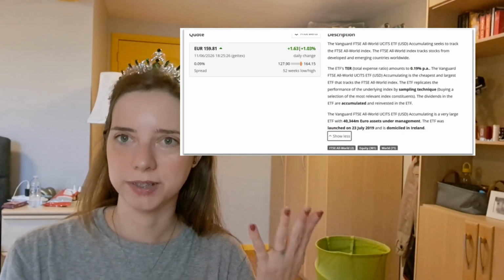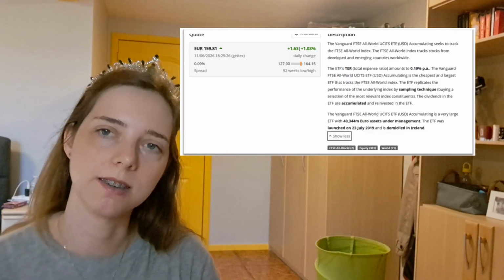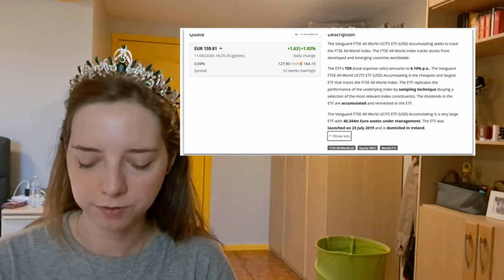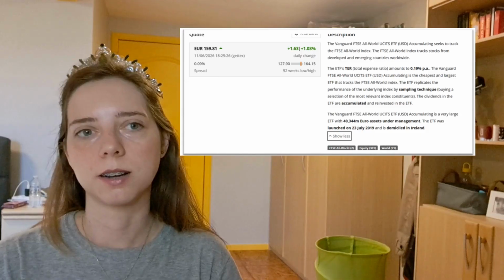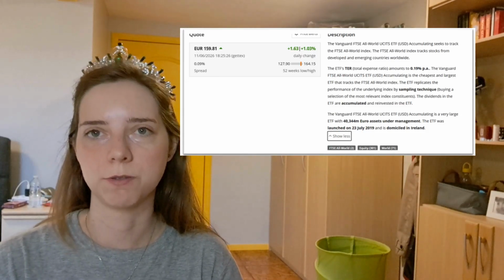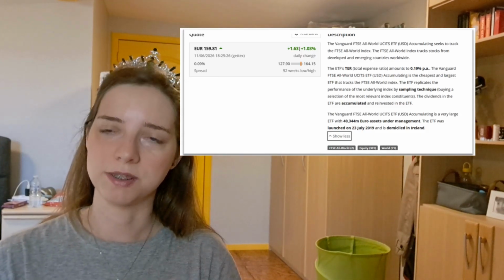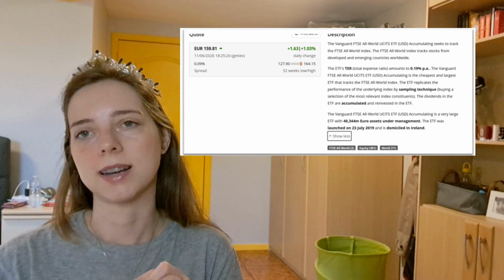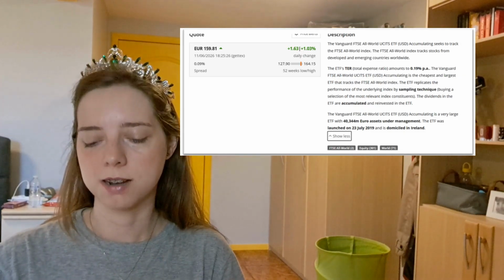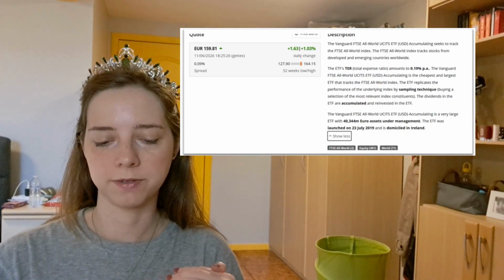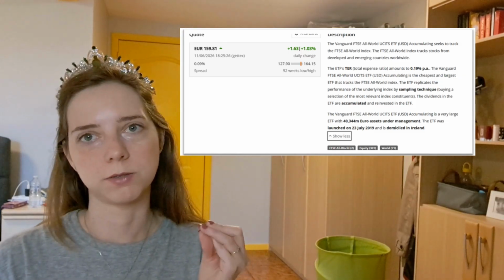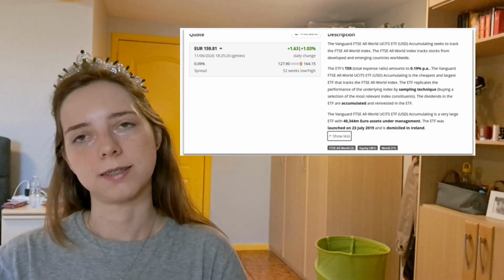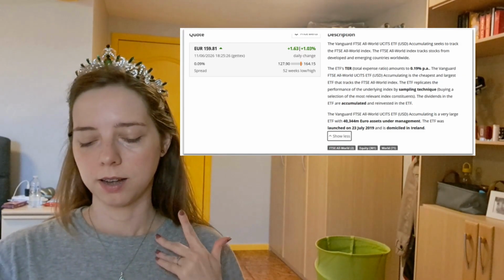The replication is physical, so they own the shares within the ETF, but they are not doing a full replica. They have advisors over at Vanguard, and they select which shares of the FTSE All World they are going to pick to put in their ETF.